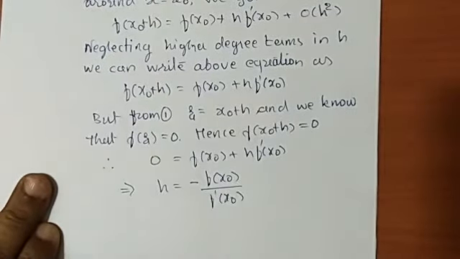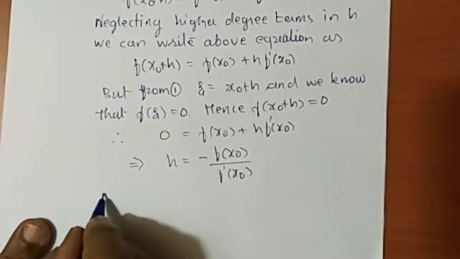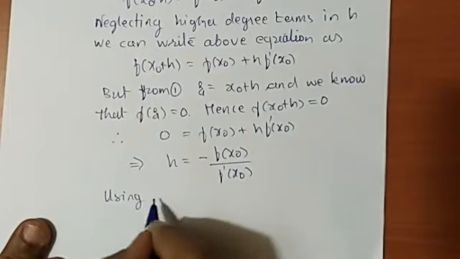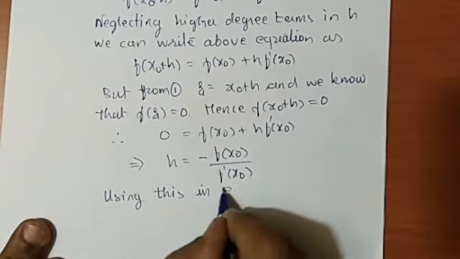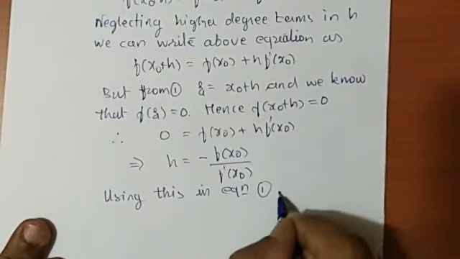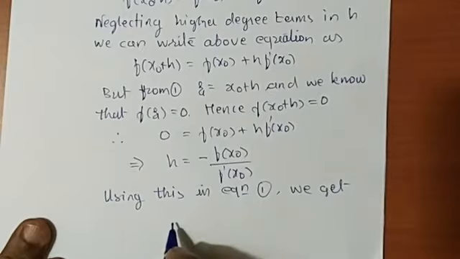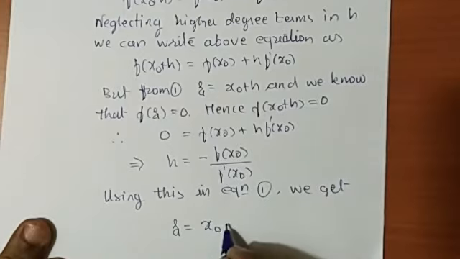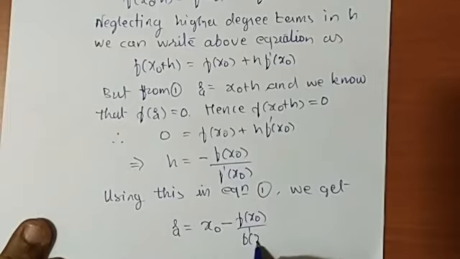So using this in equation 1, we get xi is equal to x naught minus f of x naught over f dash of x naught. So this is expression 2.